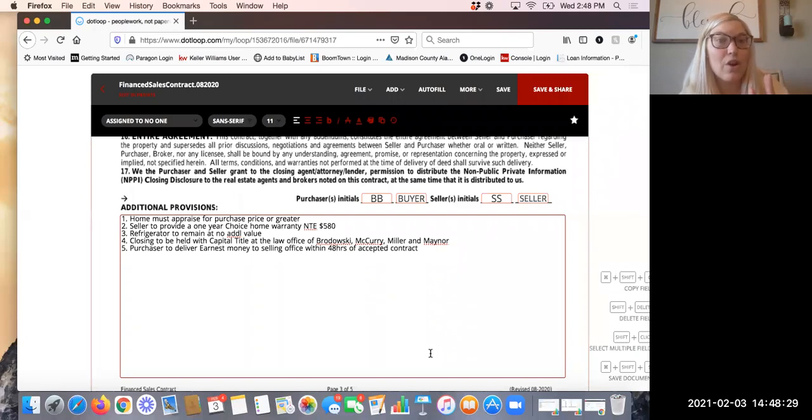Purchaser to deliver earnest money to selling office within 48 hours of accepted contract. Unless you already have that earnest money in hand and have a copy of it and have it on hold at the office, you can put that in there. Because technically when you write a contract, you are supposed to have the earnest money right then.